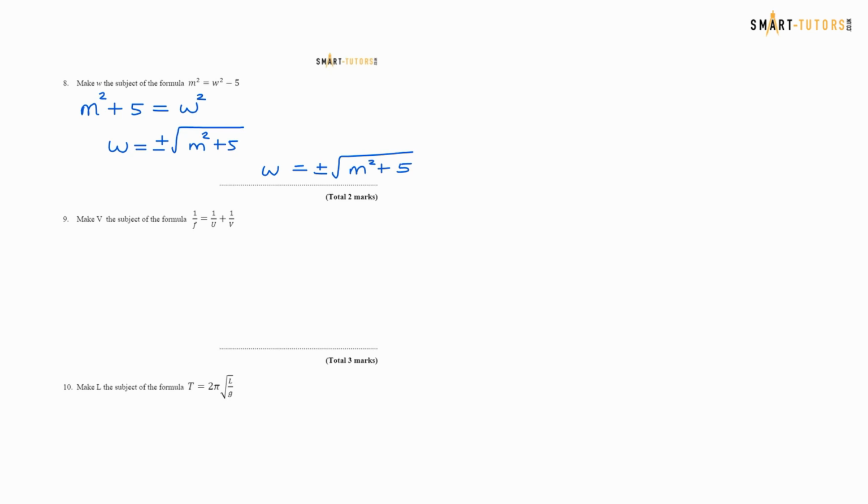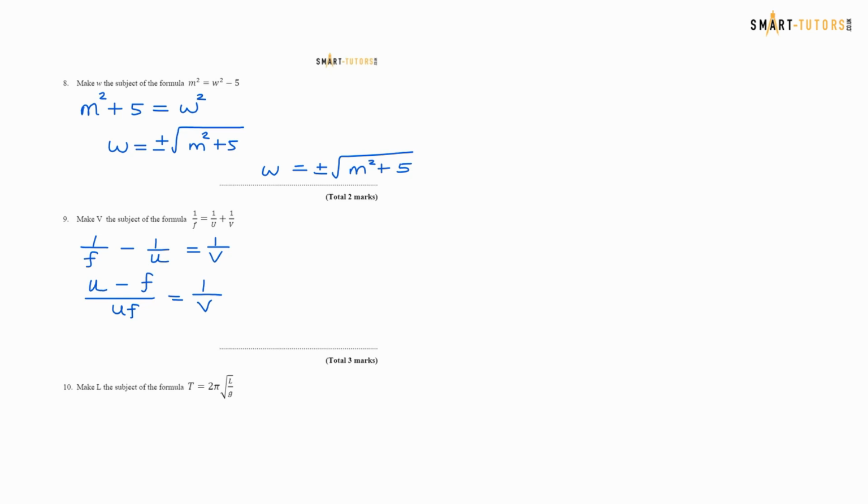Make V as a subject. So 1 upon F minus 1 upon U equal 1 upon V. So U times 1 is U, minus F times 1 is F, UF at the denominator. So 1 upon V is here.